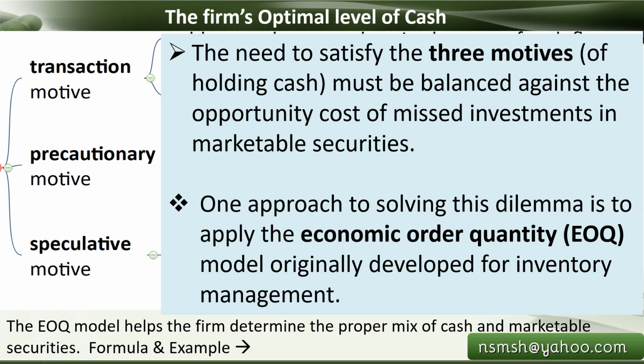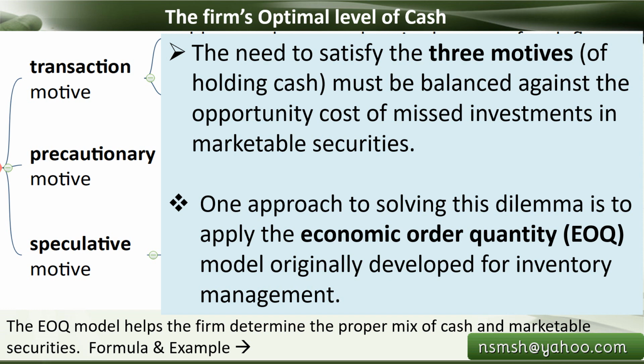The need to satisfy the three motives of holding cash must be balanced against the opportunity cost of missed investment in marketable securities. The opportunity cost on marketable securities is also important because they are like cash equivalents. So whether we hold them as cash only, or put it in marketable securities so that we can get some return also, this is an important part of the study.